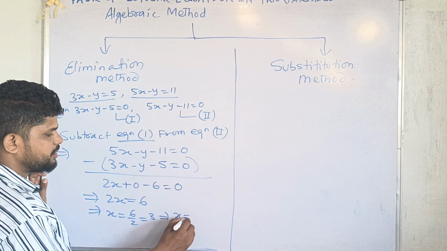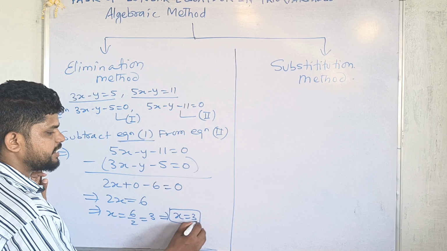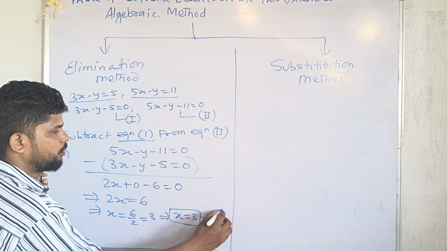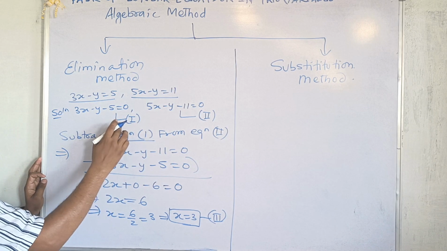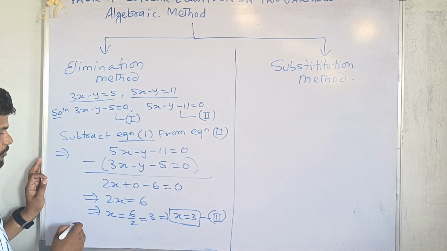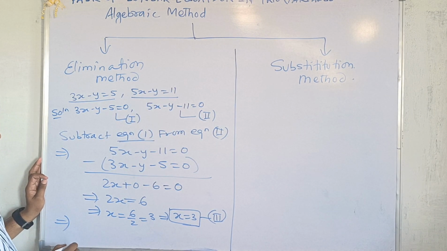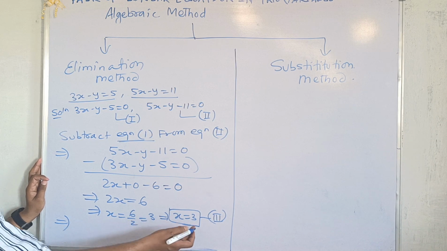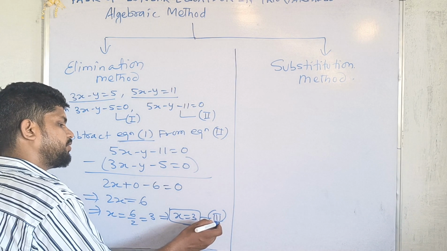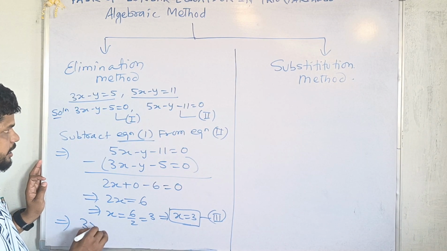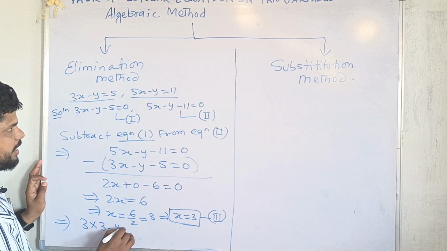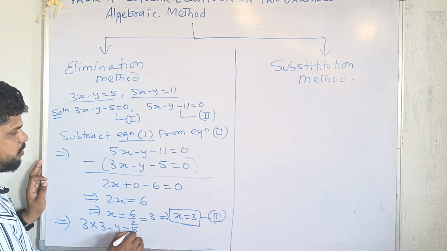If the value of x is equal to 3, let's just call it equation number 3. Now putting equation 3 in equation number either 1 or 2. Putting equation 3 in equation number 1, we get 3 into 3 minus y is equal to 5.